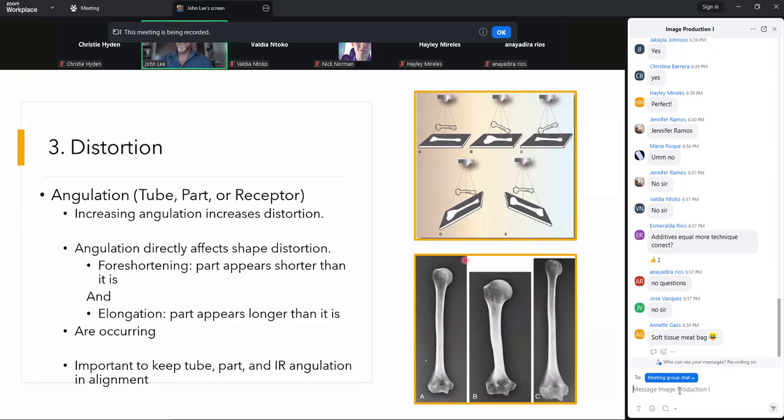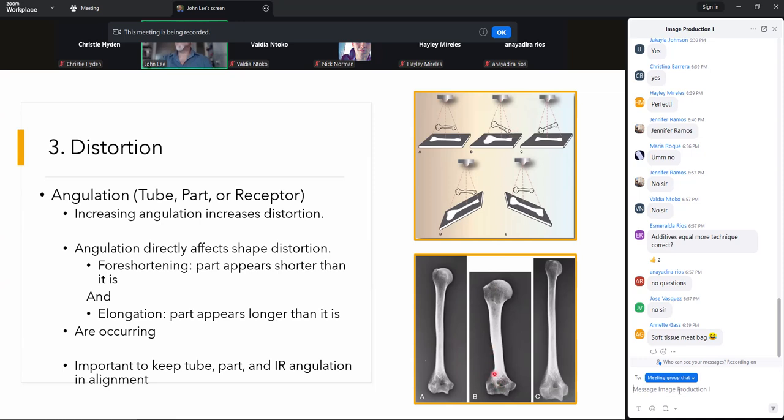Now, once we start angling the part, so our CR is still at 90 degrees, but the long axis of the part is now angled, we'll start to see foreshortening here. So B in this setup actually matches with this image B underneath. Note the magnification of the humeral head because of the OID.